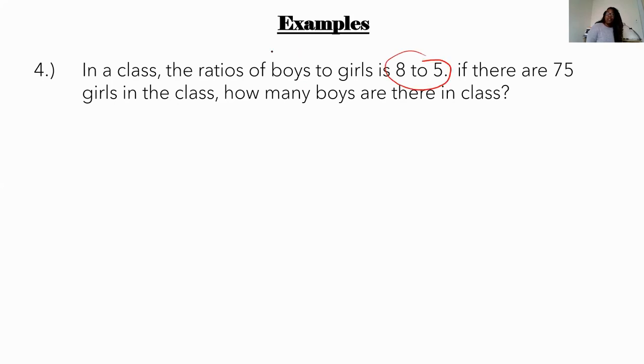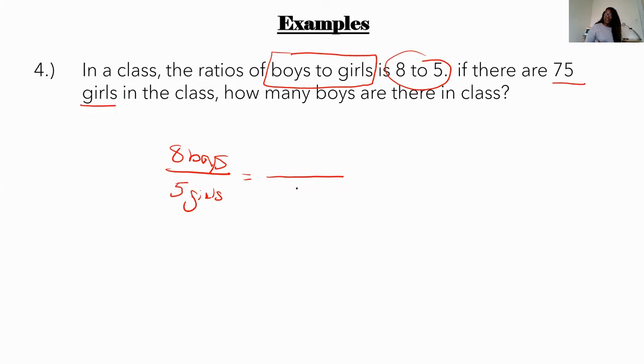And they also give you the clue right here. Boys to girls is 8:5. So that means if I have 8 boys, that means there was 5 girls. So they want to know if there's 75 girls.